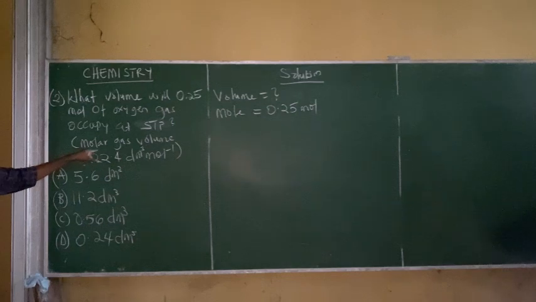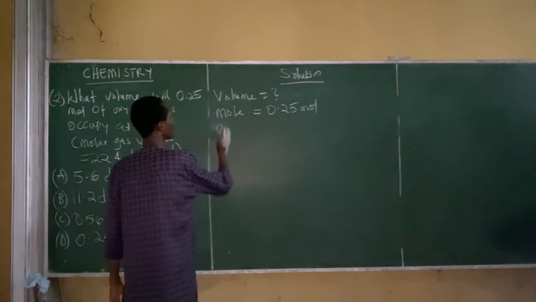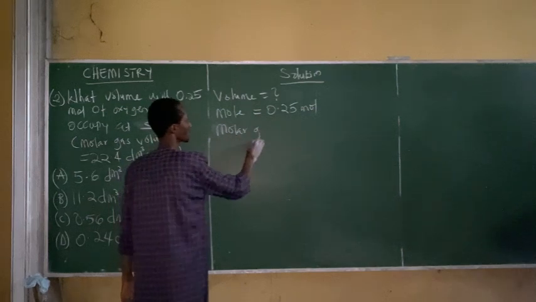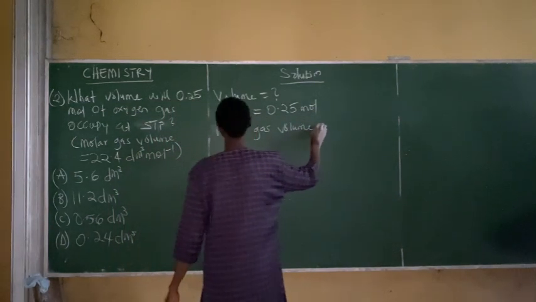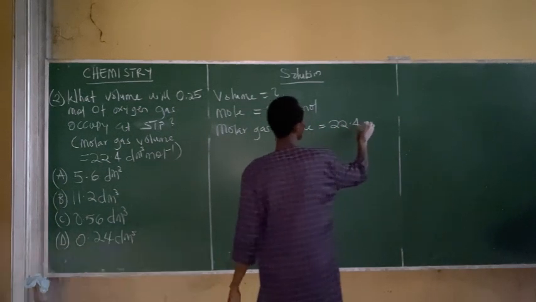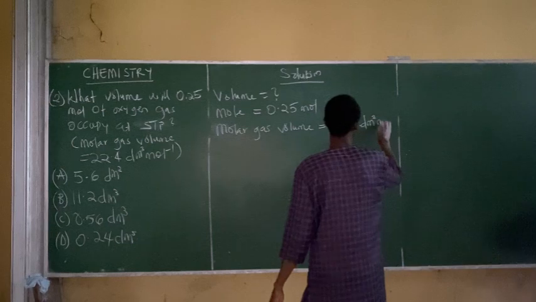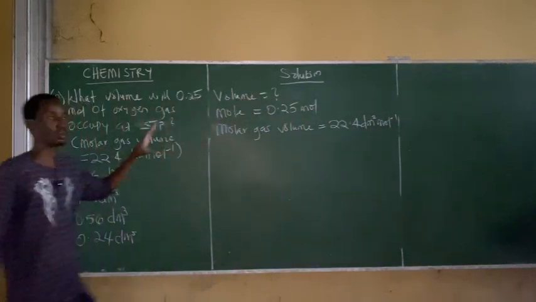At STP, they give us the molar gas volume, which is equal to 22.4 dm³ per mole. This was what we were given from the question.